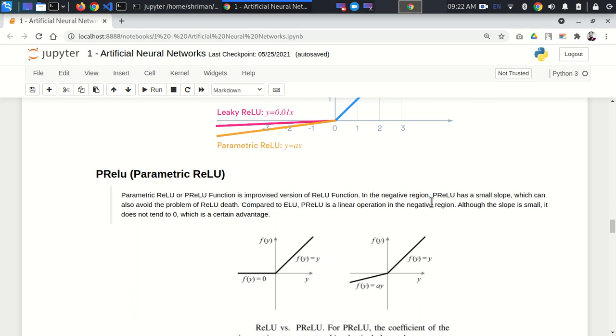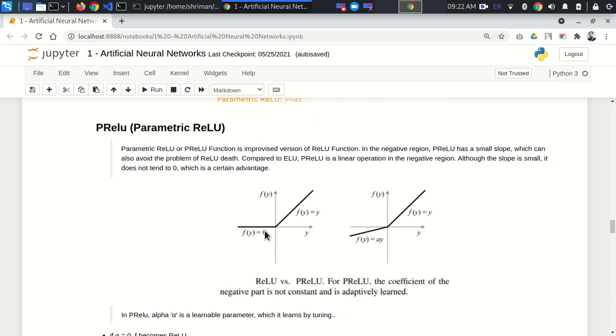In the negative region, p-ReLU has a small slope, which can also avoid the problem of ReLU death, right? So in ReLU it is just a constant line, but in Leaky ReLU there are some changes in the output. Now in p-ReLU, people have not given a fixed number. They said it is not fine to fix a number here.